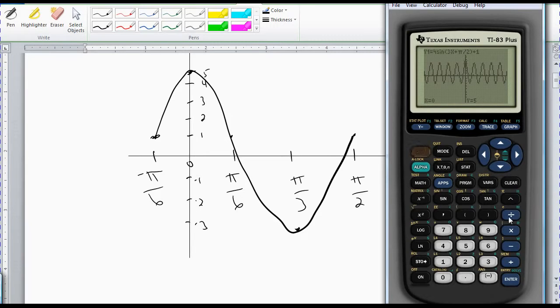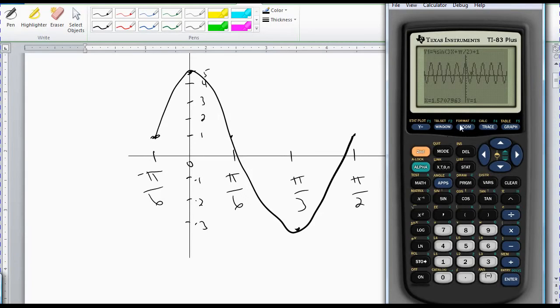Then second pi divided by 6, and we get 1. Then second pi divided by 3, and we get negative 3. And then second pi divided by 2, and we get 1. So everything checks out as far as the points go.